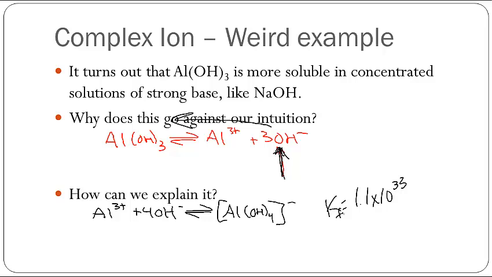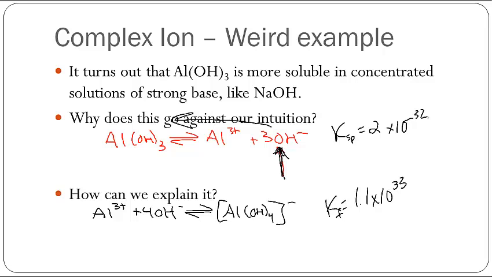Well, what's our Ksp for aluminum hydroxide? Somebody who has the blue sheet out. Two times 10 to the negative 32. Thanks, Halen.